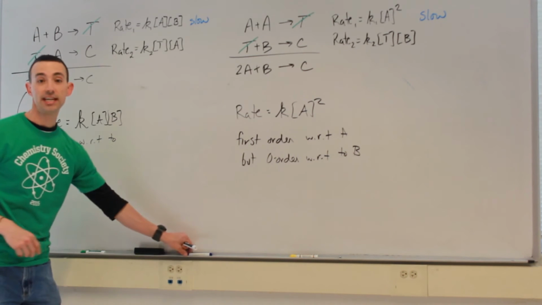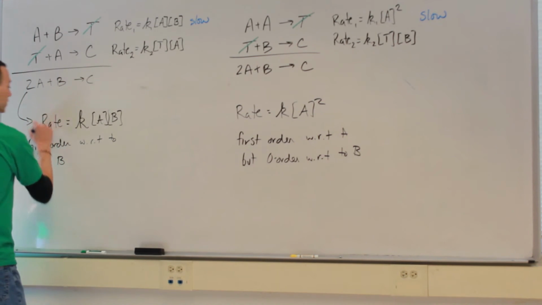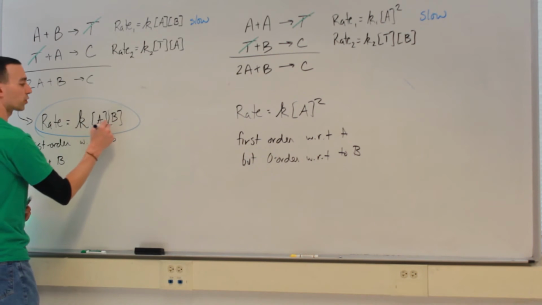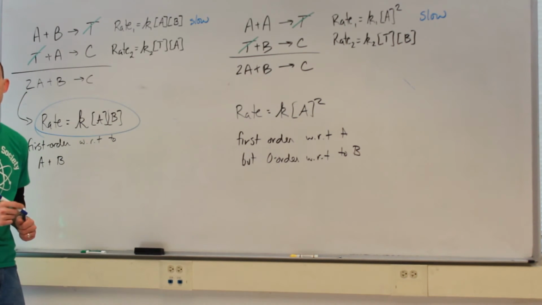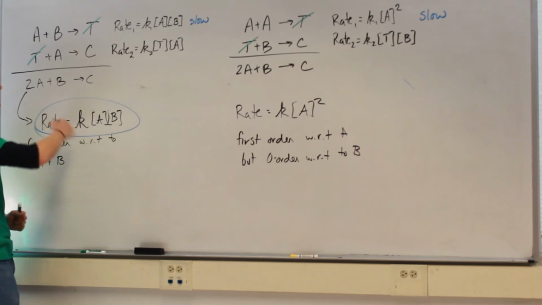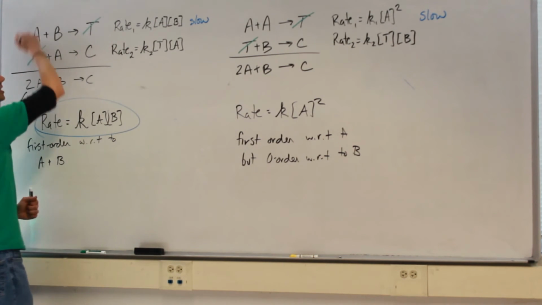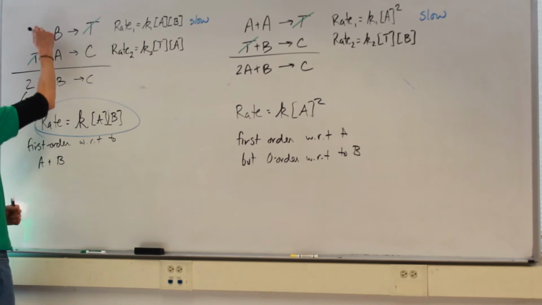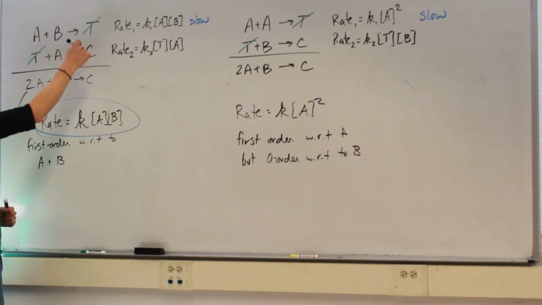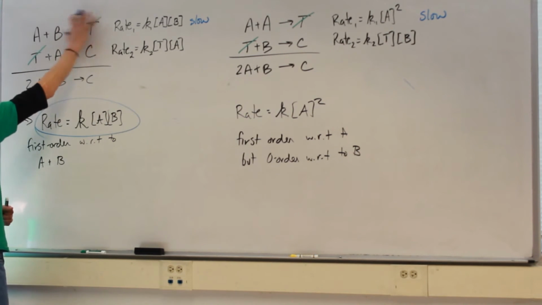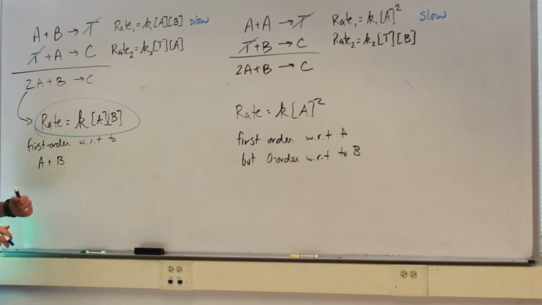Let's say we did an experiment and we found this to be the overall rate law, that it was first order with respect to A and B. Working backwards then, that tells us that somewhere in the process, A must collide with B in a step like this, okay? It might not mean that everything else is correct, all right? But it would mean that A collides with B at some point in the process.